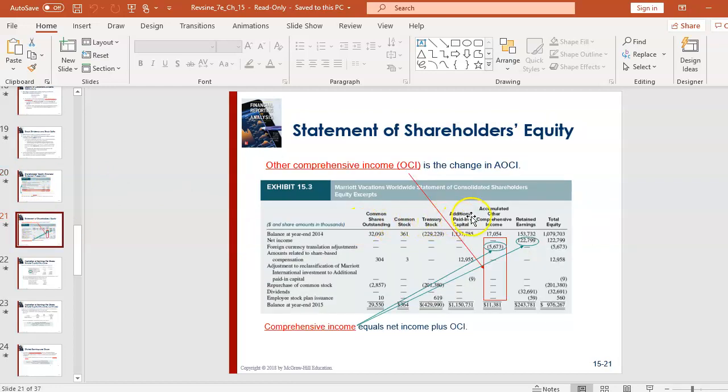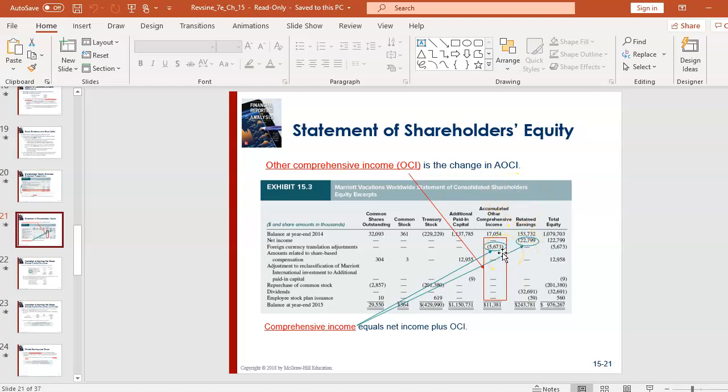And then this is the changes of every single component of equity that the company had in the year. I used to put these together. And when you hear the term OCI, it's also called AOCI, either other comprehensive income or accumulated other comprehensive income, either way it works.